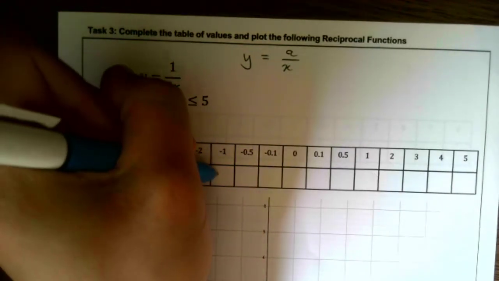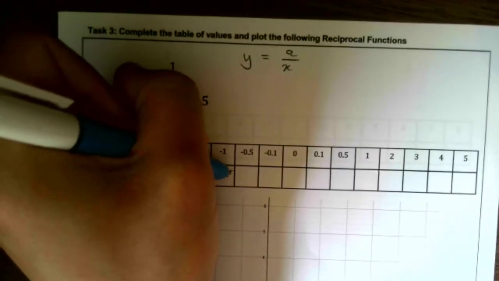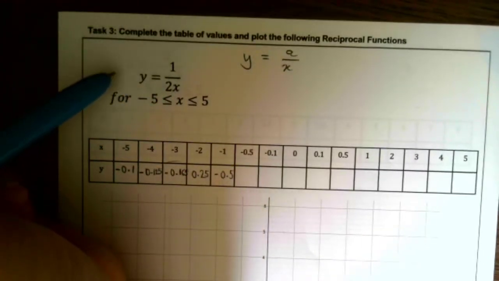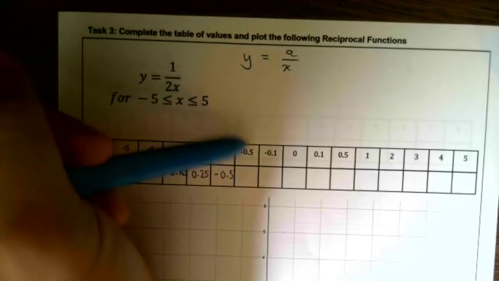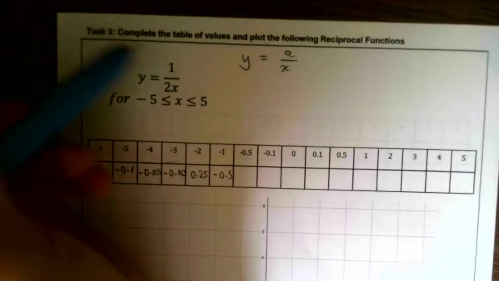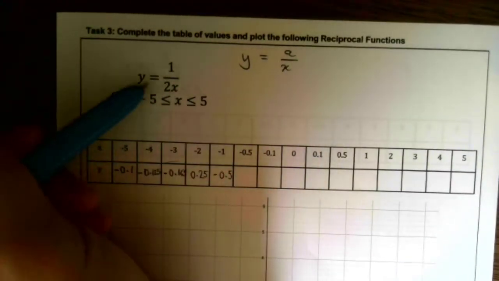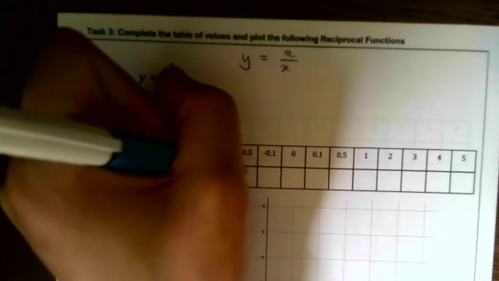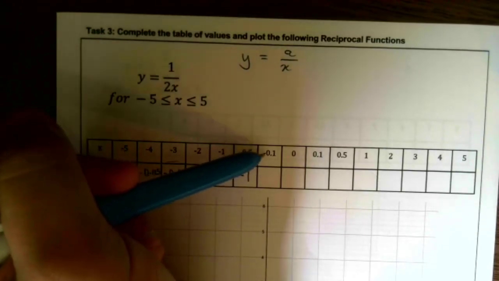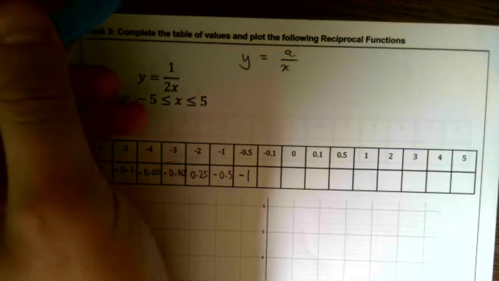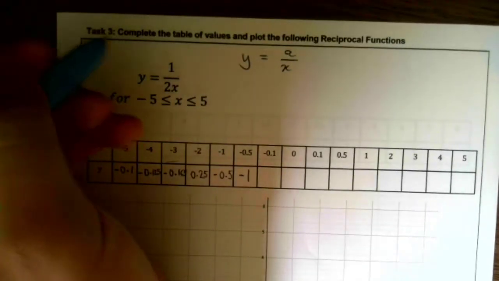1 over 2 times -1, so that's going to be 1 over -2, which is negative a half. Negative 0.5 over 2, so 1 over negative 0.5 times 2, so that's going to be -1. 1 over 2 times negative 0.1, so 1 over negative 0.2.